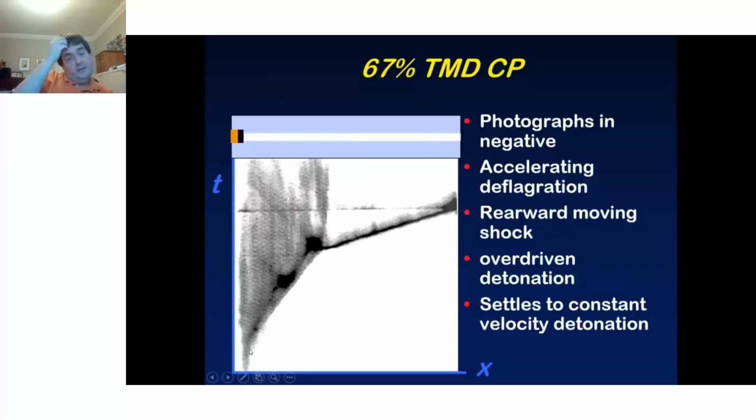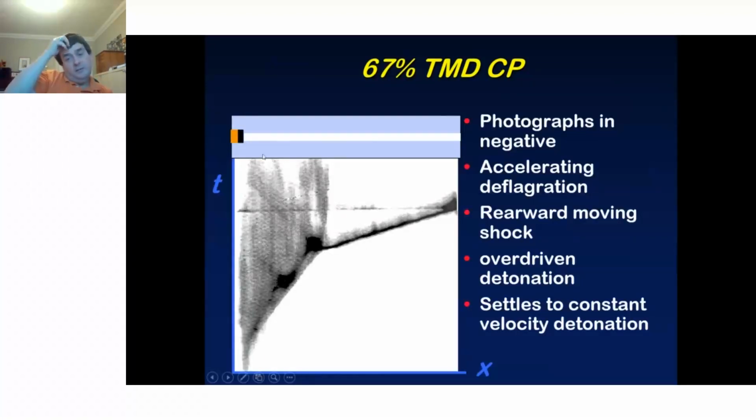You can see that buildup, and what we see here is this little overdriven stage caused by extra compaction of the material, due to this compacted material having a higher energy density, so a higher detonation velocity, and then the thing settles down into a steady detonation.